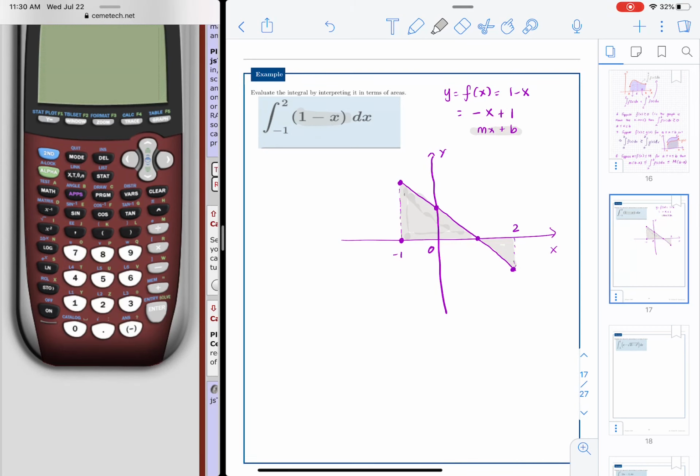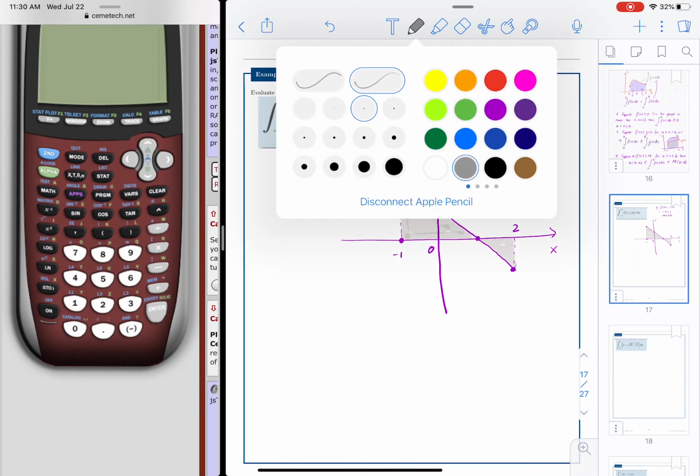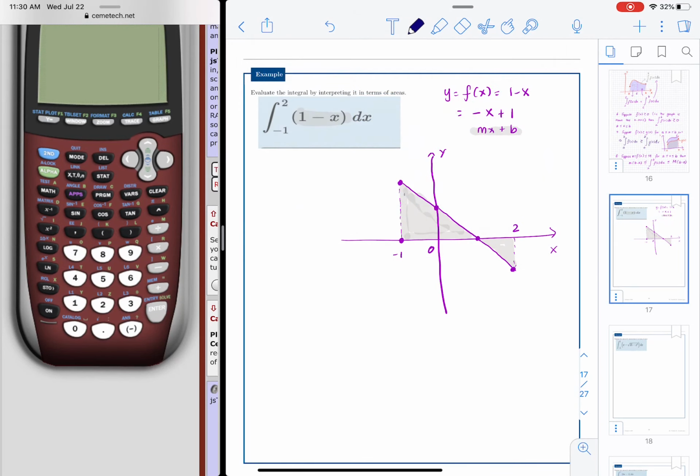Now both of them are right-angled triangles. So the first one over here, I'll call it A1. That would be A2. A1 is the area of a right-angled triangle.